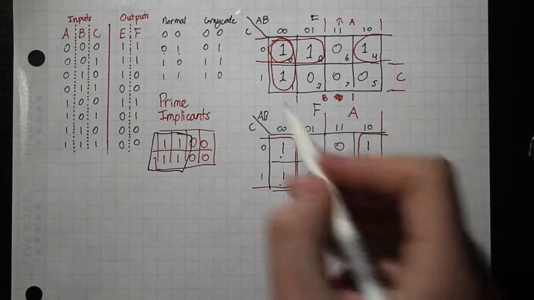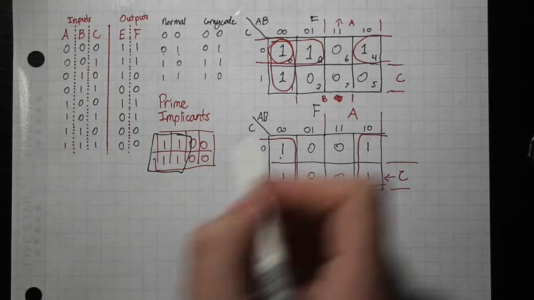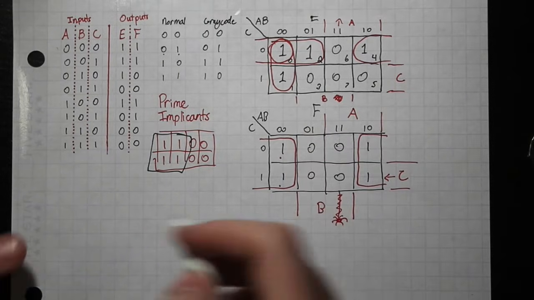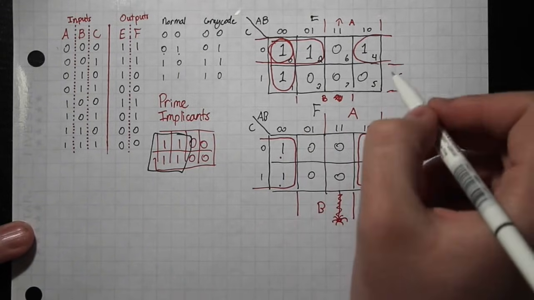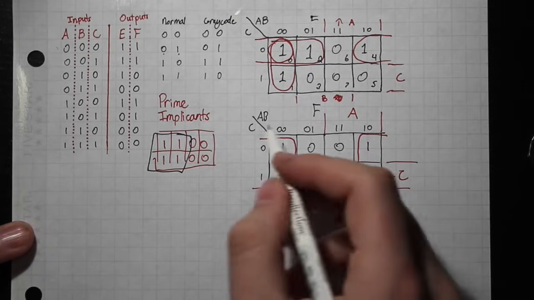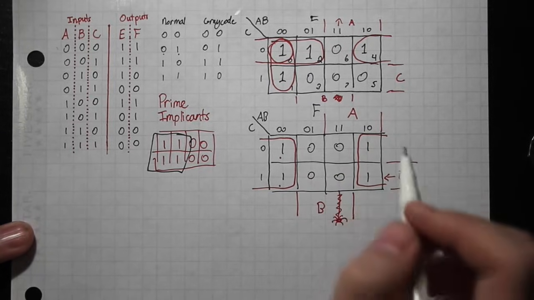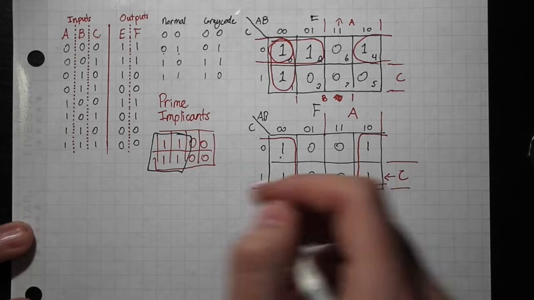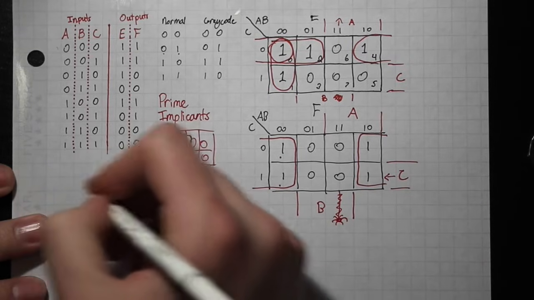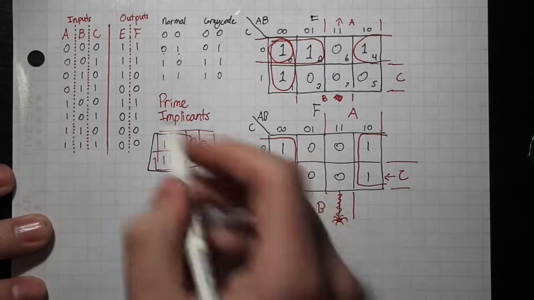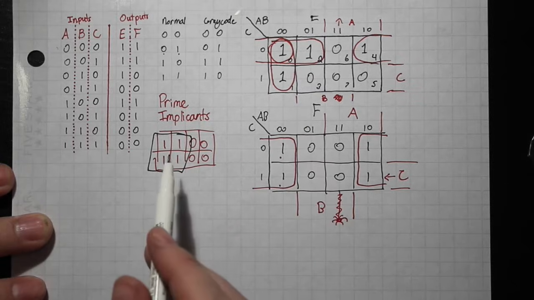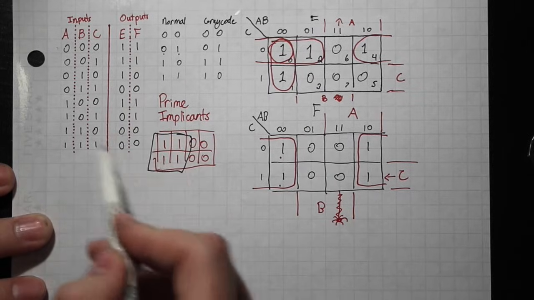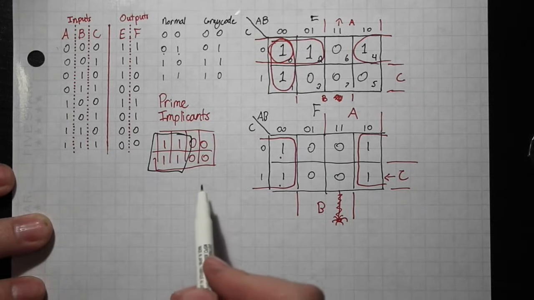Okay. Now, I'm going to start writing over here, but we're still going to be looking at these Karnaugh maps. We're going to take these implicants that we just found and look at the regions that we just identified, and use them to find the minimal form. Ultimately, the purpose of these Karnaugh maps is to find the minimal form, the minimal function that can be used to describe this particular set of outputs.